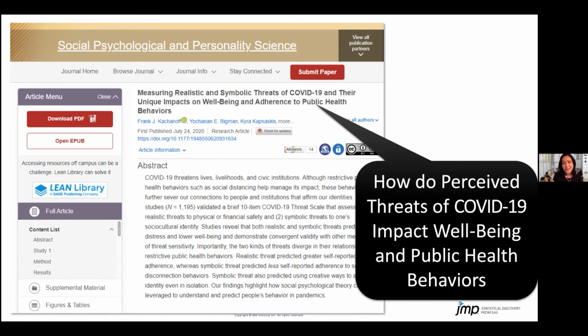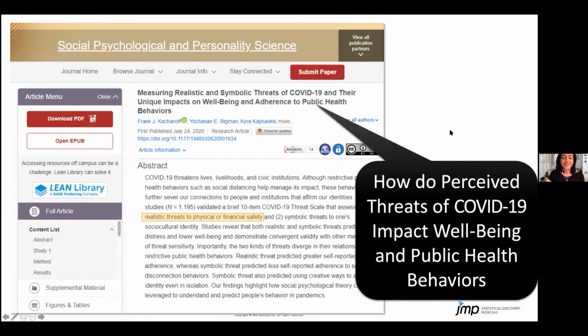Of course, well-being is also an abstract concept, but it's different because we've been designing surveys and other ways to measure well-being for many years. But these folks did not have a survey to capture this new construct. So what the authors had to do was figure out a way to measure those perceptions of threat, and then they were able to address their original question.